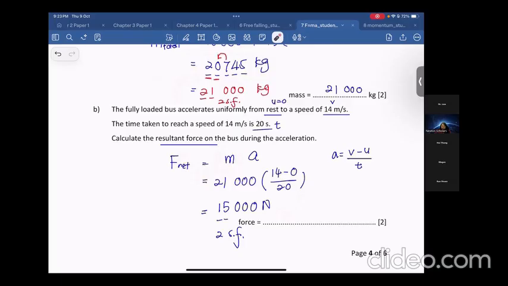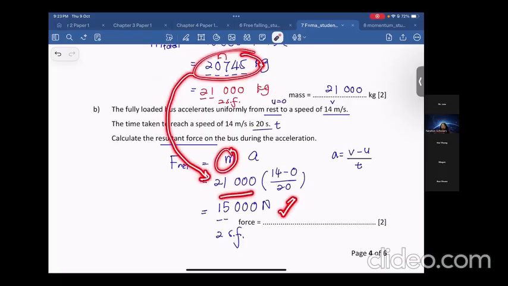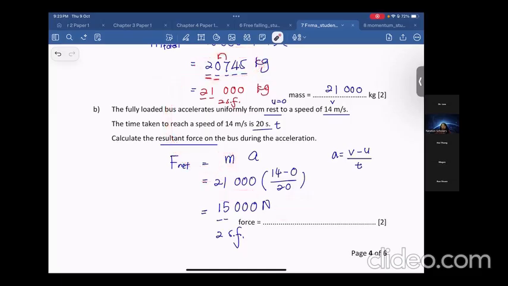So if you use the more accurate mass value 20,745, of course you will get 14 something, but after you round to two significant figures, you will get the same answer as me. So it's fine whether we use 21,000 or 20,745. Is it okay? Can we go to page number 5?